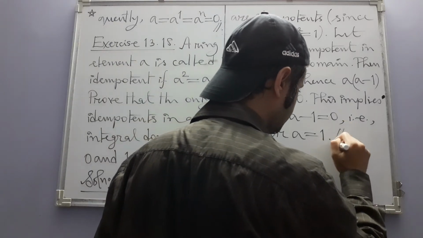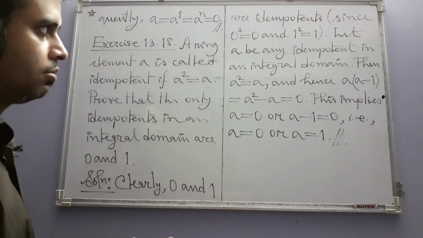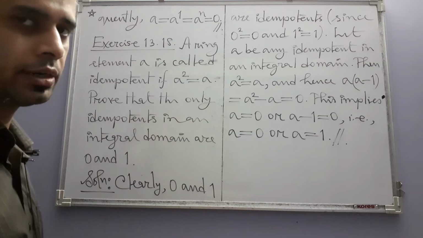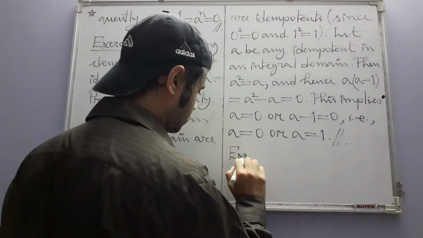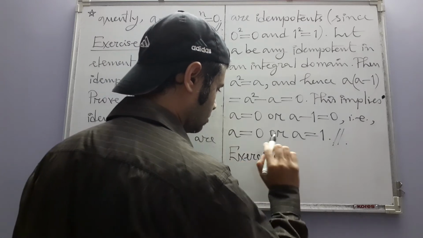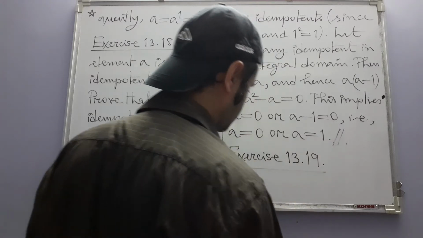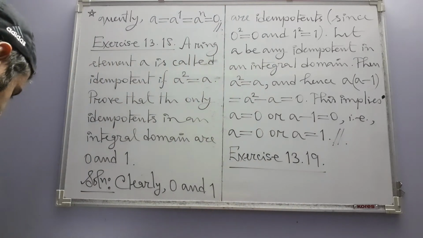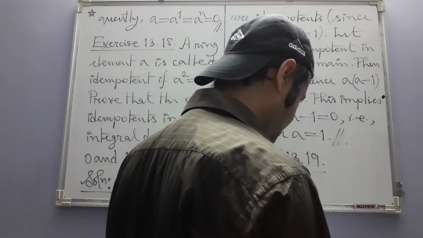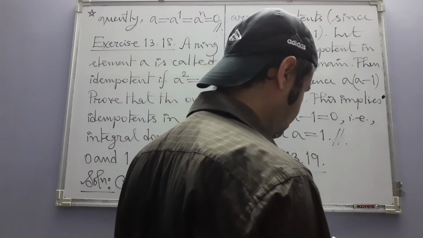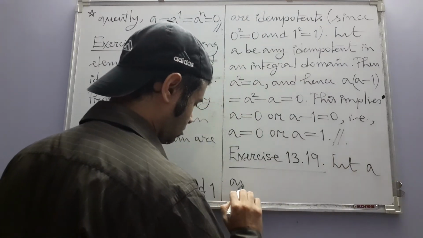So here you complete the solution. So 0 and 1 are of course idempotent, but now in an integral domain they are the only idempotent elements. Next, and this one is computational. Let A and B be idempotents in a commutative ring.